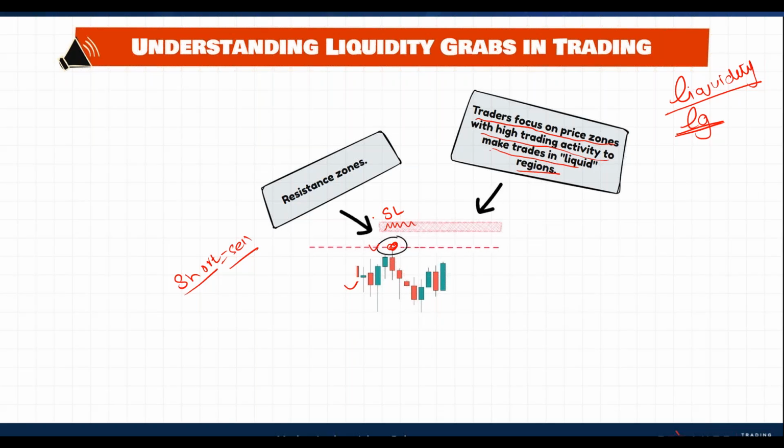That's why this is a place of liquidity for the markets, where there are orders in the market. The orders can be stop losses, market orders, pending orders, or panic orders as well. I'll explain all of this in the upcoming slides. So this is a zone where there are orders resting, the resistance zone over here, and this is an SL zone or order zone.